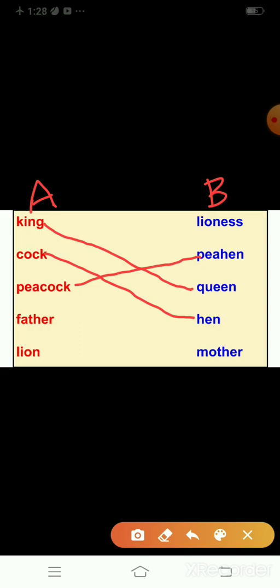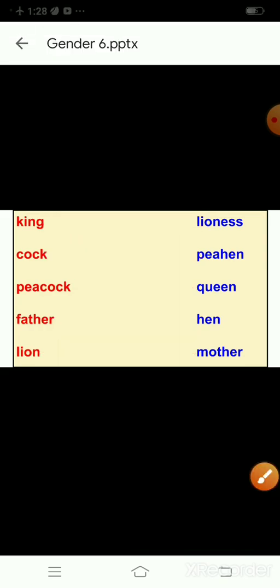Father, mother. Correct. Father, mother. Last one is lion. And what is the feminine gender for lion? Lion, lioness. Okay, so we have finished the first activity. Let's see the next activity.